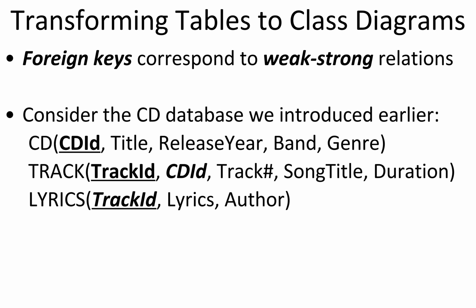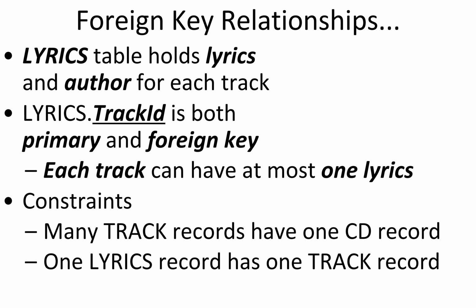It's referring to that particular track. If I want some lyric, it would be for a different track, not for the same track. There is a unique lyric for that particular song. So I'm adding two constraints on it. So it's a one-to-one. You give me one track, there's only one lyric for that track. There can't be multiple lyrics for that track.